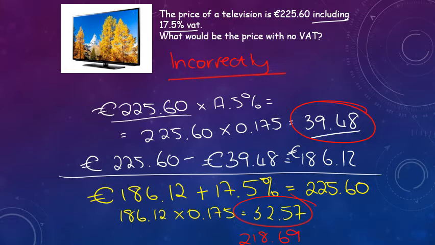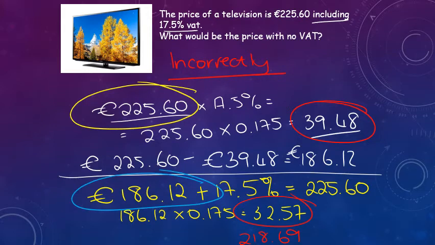Okay, so where did this go wrong? What was the problem? Surely if I take 17.5% away to get one answer, if I add 17.5%, I'll get the other answer. So where did this go wrong? Well, the reason is 17.5% of 225.60 is very different to 17.5% of a smaller number.